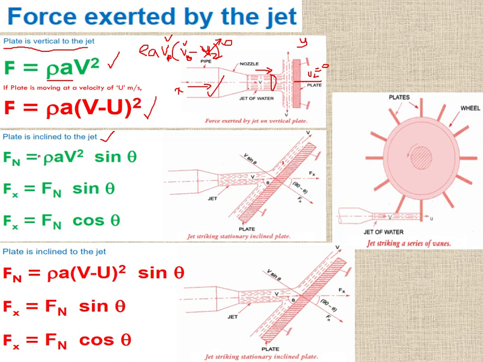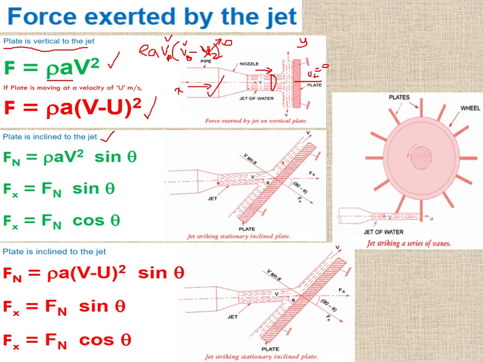If we want to calculate the force exerted by the jet in the direction normal to the plate, we can see the jet is striking the plate at some angle, which is theta.